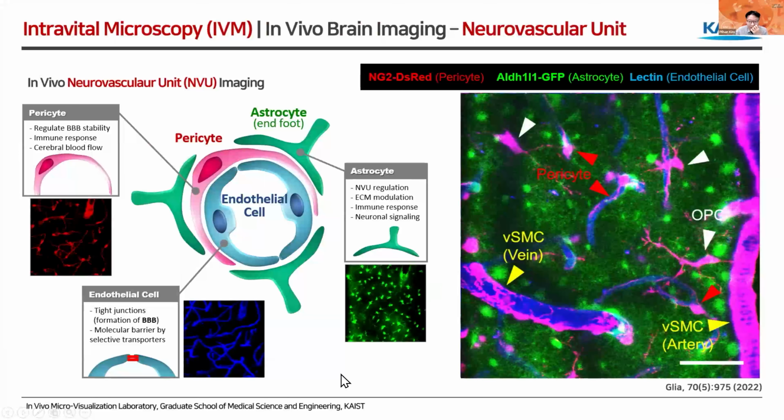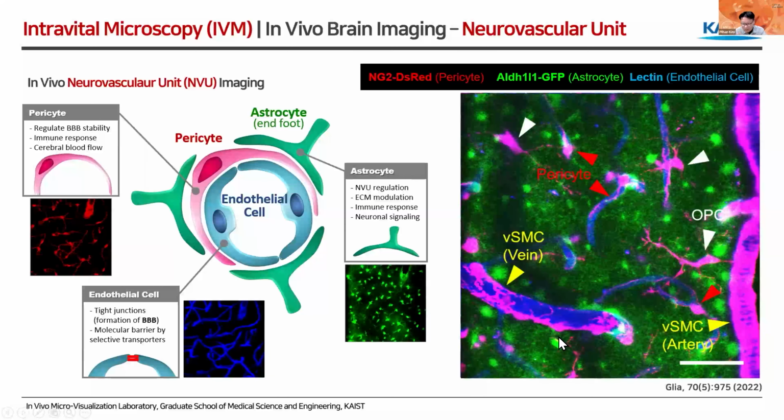Okay, and then also, by using this NG2 DsRed and ALDH1 GFP mouse model, we can simultaneously image the astrocyte and pericyte, as you can see in this example. And again, by injecting lectin, we can nicely label the endothelial cells.